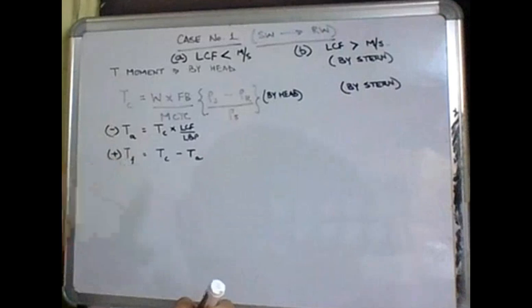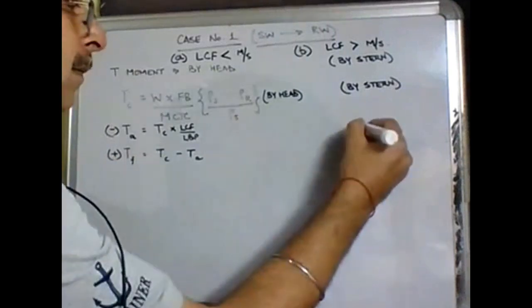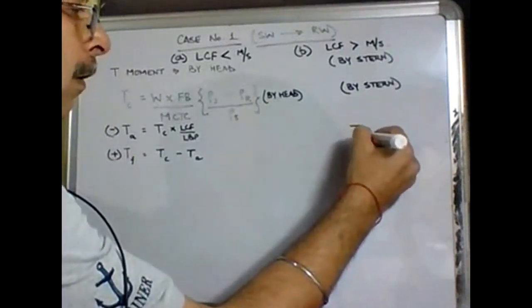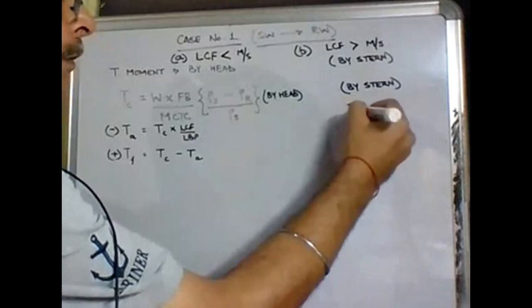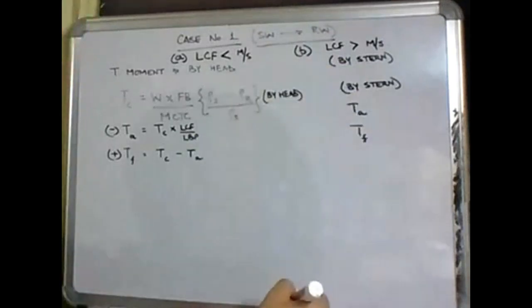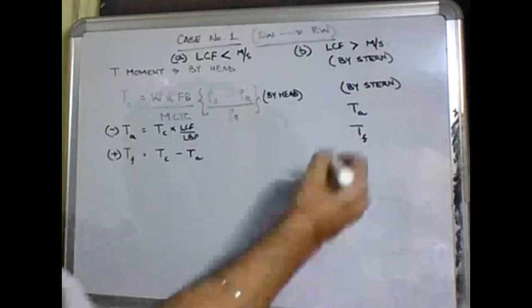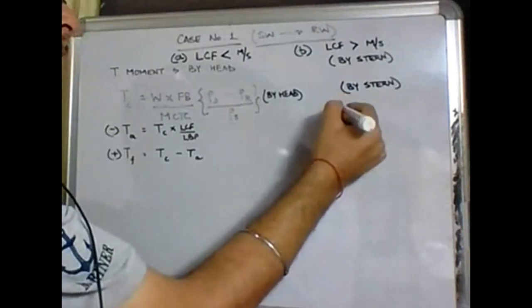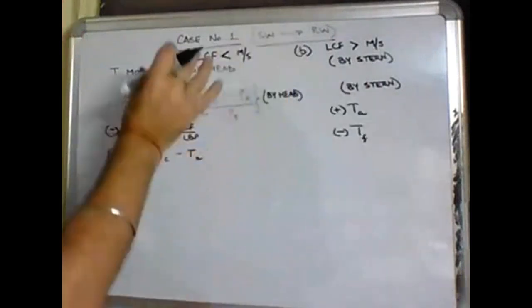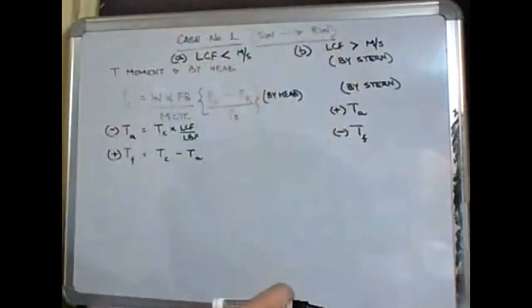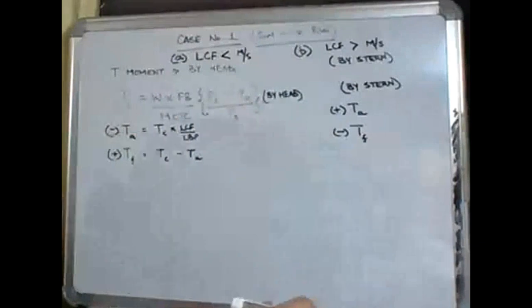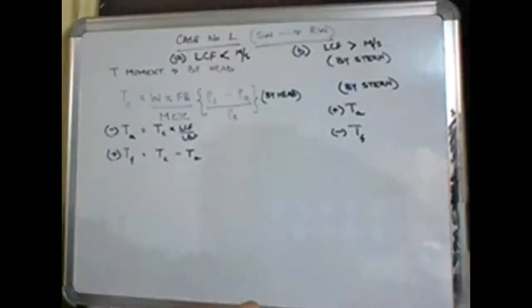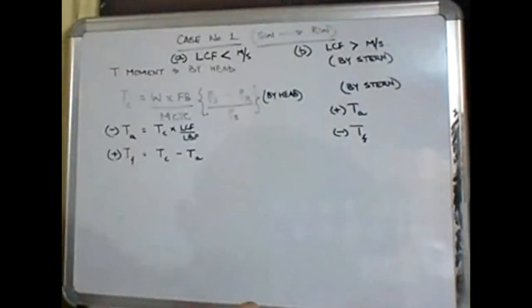What would have happened to my TF and TA signs? TF minus, TA plus. Formulas remain the same, my signs would have become like this. This is my case number 1.